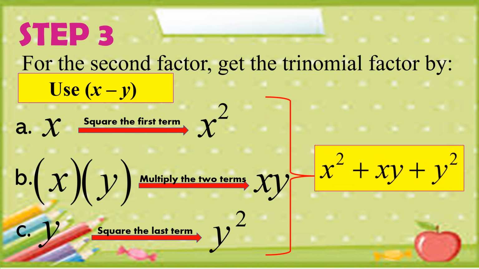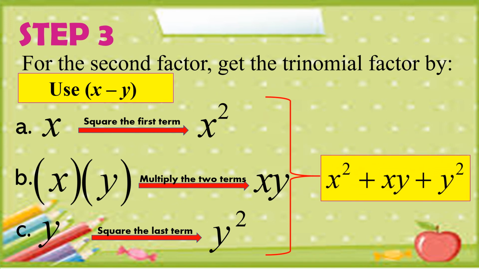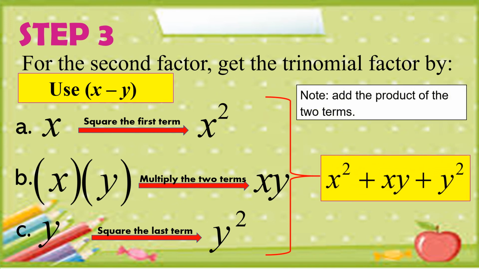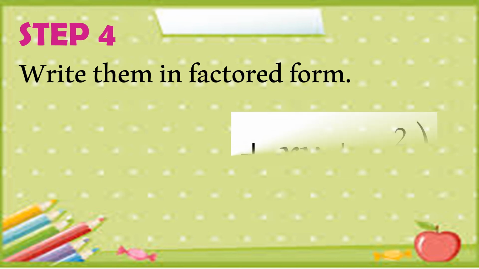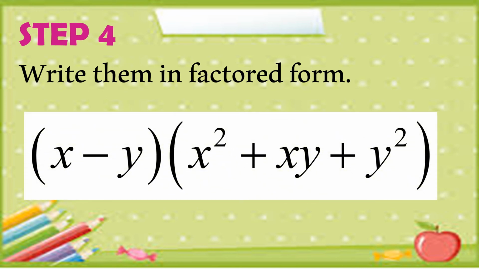We came up with x squared plus xy plus y squared. Add the product of the two terms. Step 4, write them in factored form. We have now the quantity of x minus y and the quantity of x squared plus xy plus y squared.